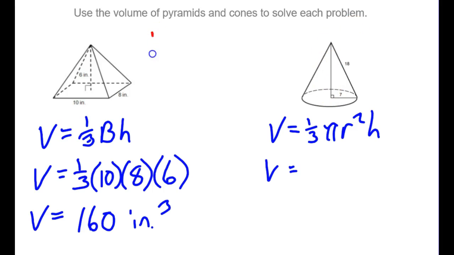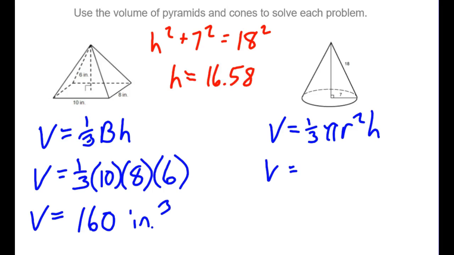So right now, h squared plus 7 squared is equal to 18 squared. We've gone through enough problems where we've used the Pythagorean theorem, so you could go through and solve for h. If you isolate h, you get approximately 16.58. We actually have to round that. Now we have all the information we need.